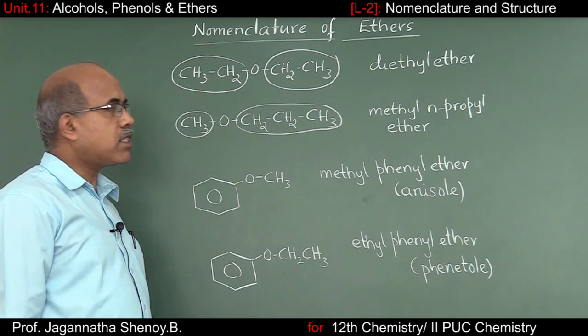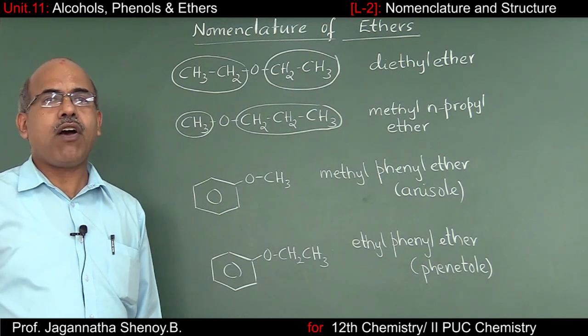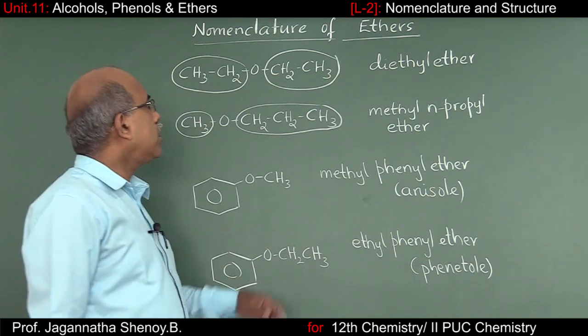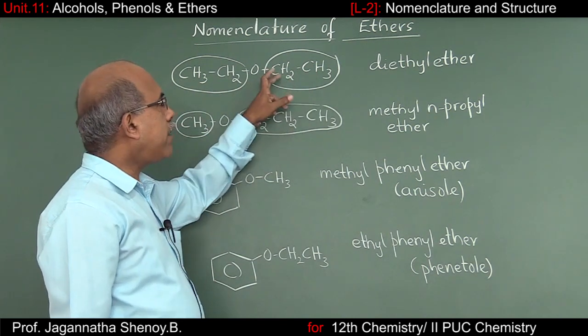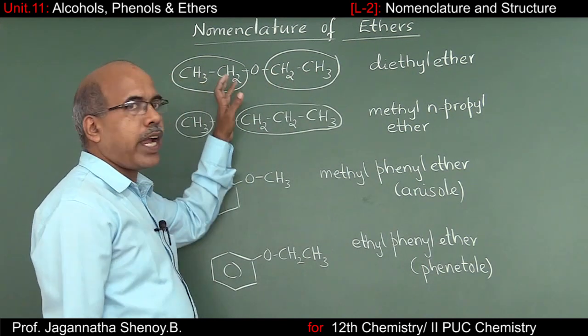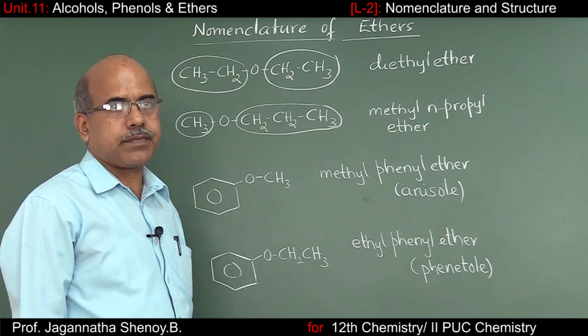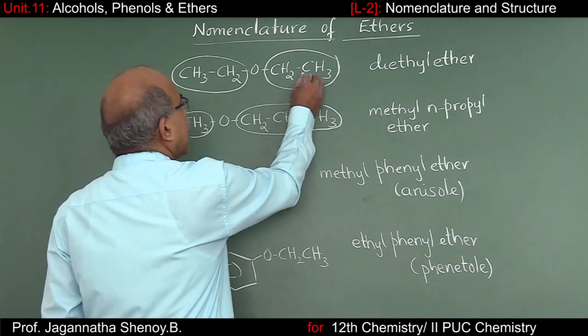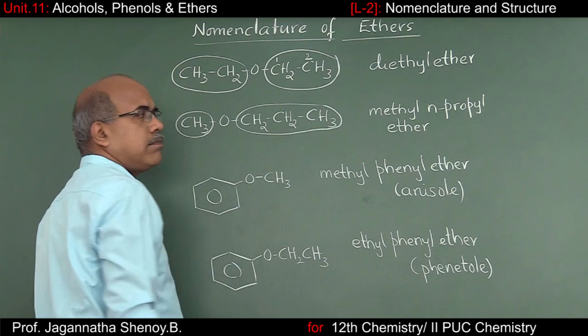What should we do? First of all, we have to find out the longest continuous chain of carbon atoms. So when you consider the first case, whether you start from right to left or from left to right, the main chain contains only two carbon atoms. What I mean is, here you see this is the first carbon atom, this is the second carbon atom.